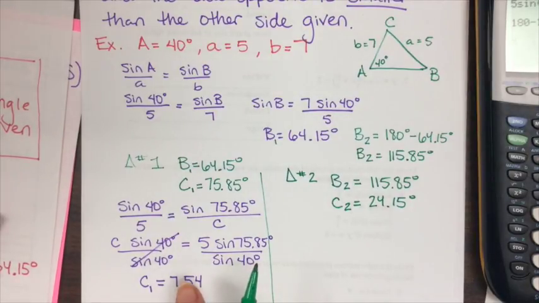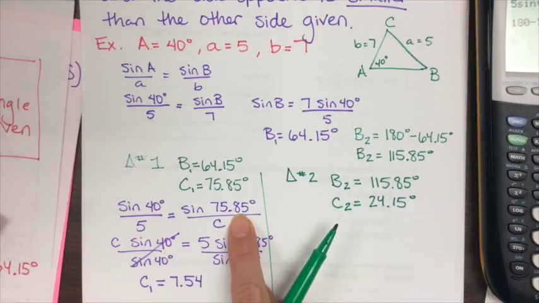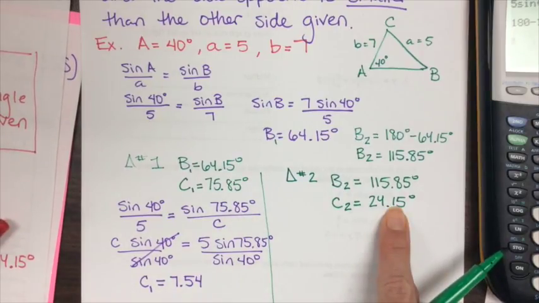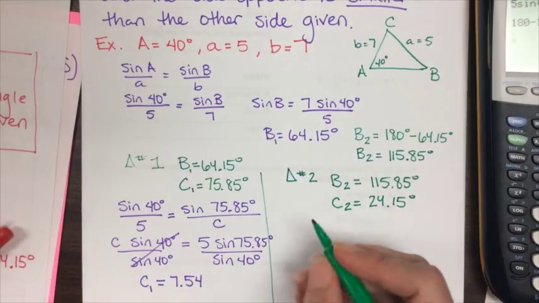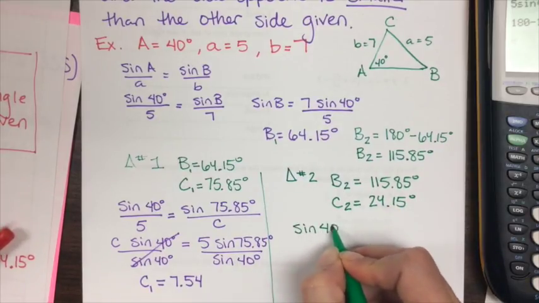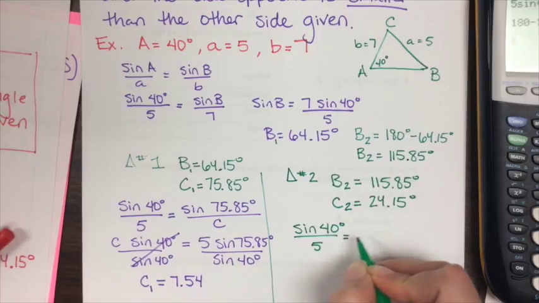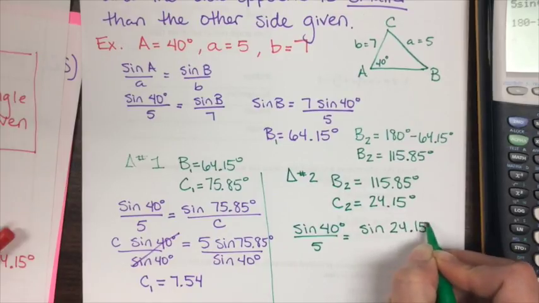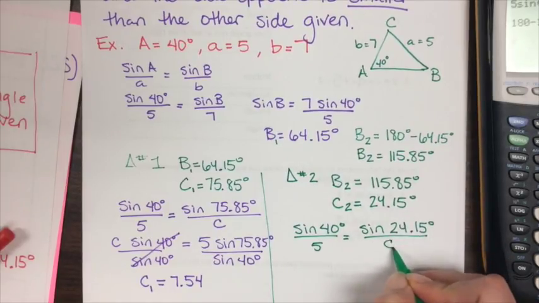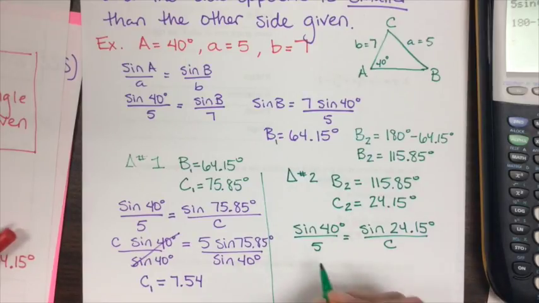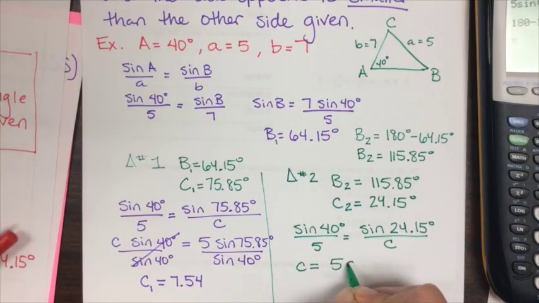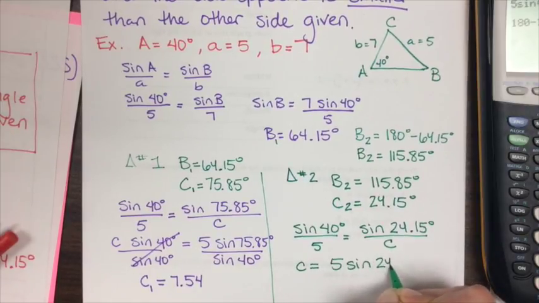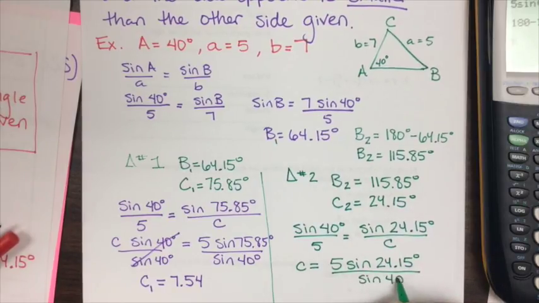We're going to do exactly what we did here, except we're going to swap out this angle C with this angle C. So sine of 40 degrees over 5 equals sine of angle C, which is 24.15 degrees, over little c. Let's cross multiply and divide, and we find that little c equals 5 times the sine of 24.15 degrees, all of that over the sine of 40.